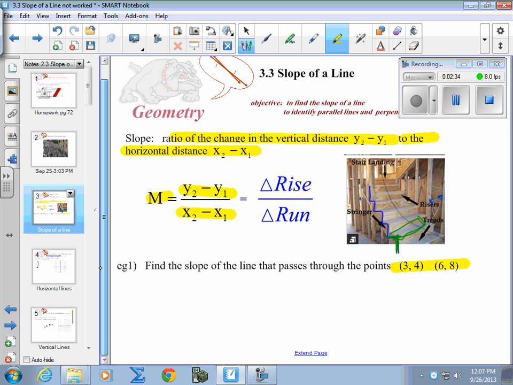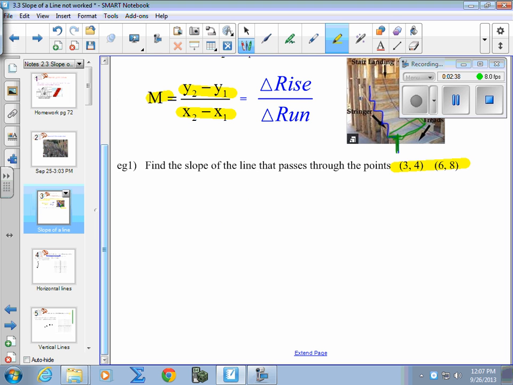On your homework, you would write down the equation every time you work the problem. You'll know the equation by the time the exercise is over. And I'm going to put m is equal to y sub 2 minus y sub 1 over x sub 2 minus x sub 1. If you all would label your points, I think you're less likely to make careless mistakes.